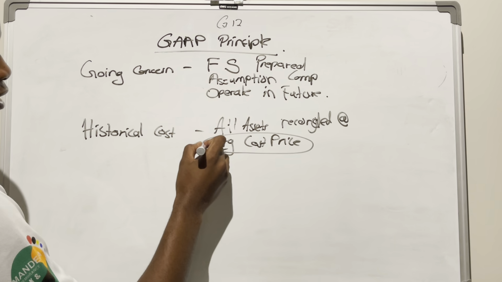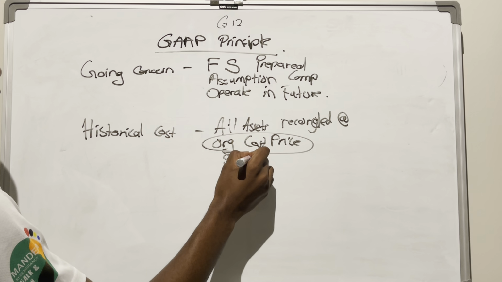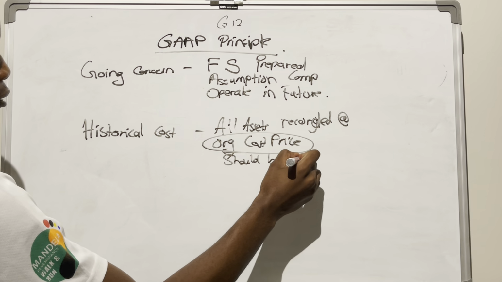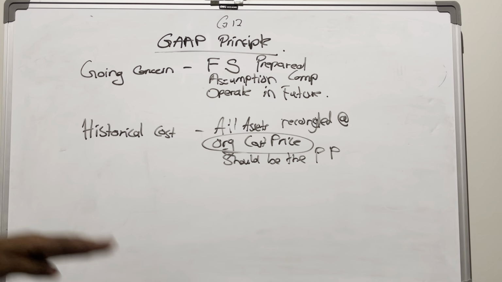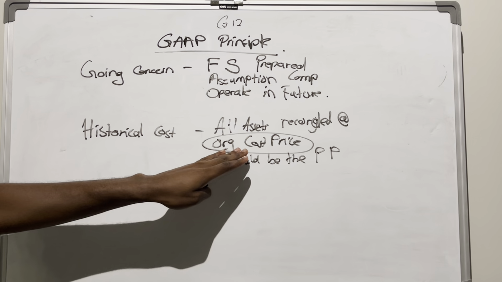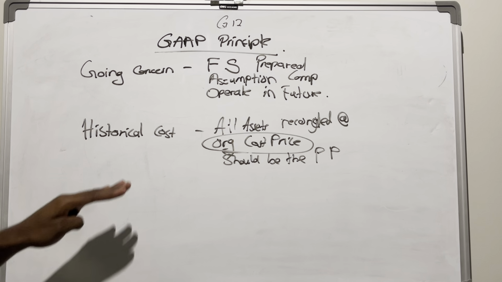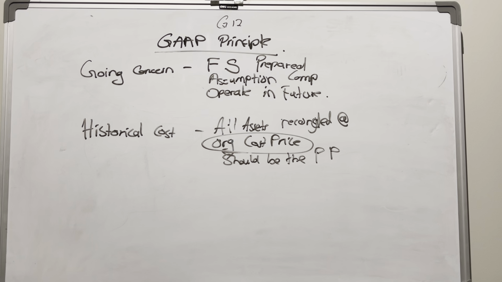The cost price should be the purchase price. So what you actually paid is what is going to be the cost price. That is what historical cost basically says.